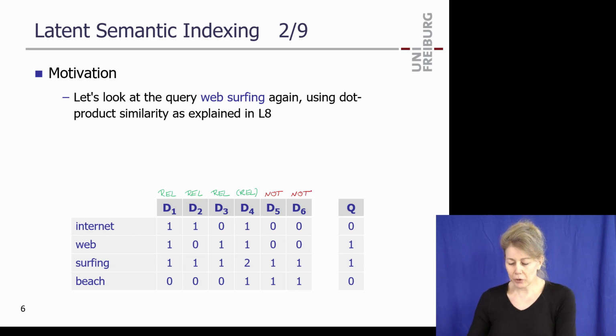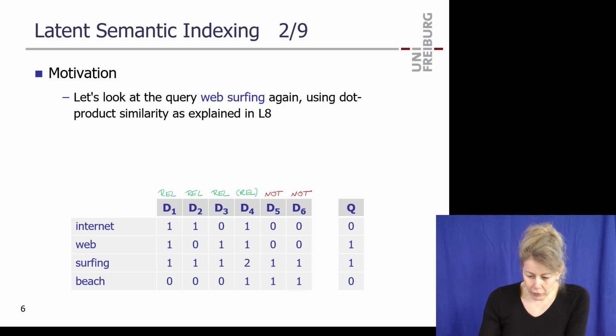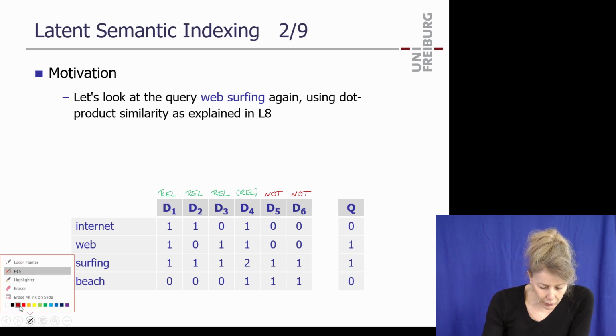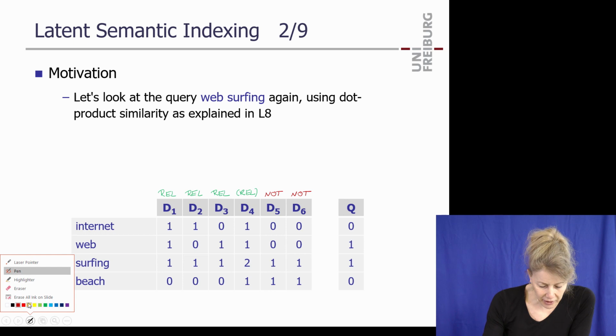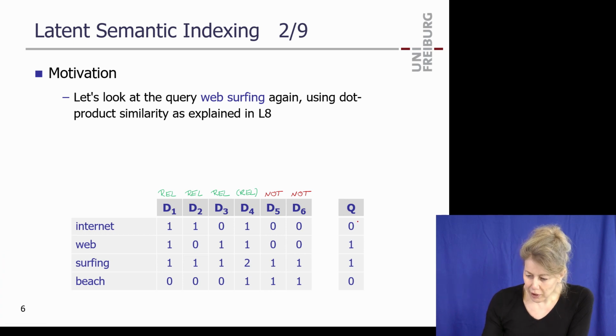And now let's look at scores, how we computed them. If we just take dot product similarity, you tell me, between this vector and this vector of each of the 6, what do we get? For the first one, what's the dot product? Just this vector times this vector.